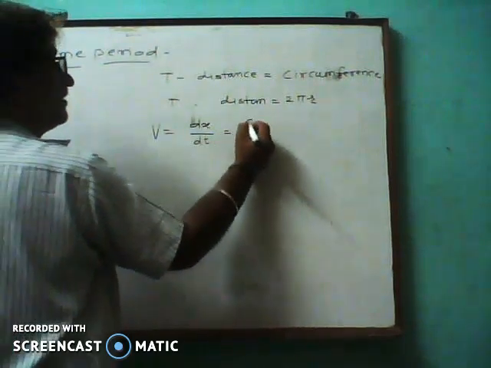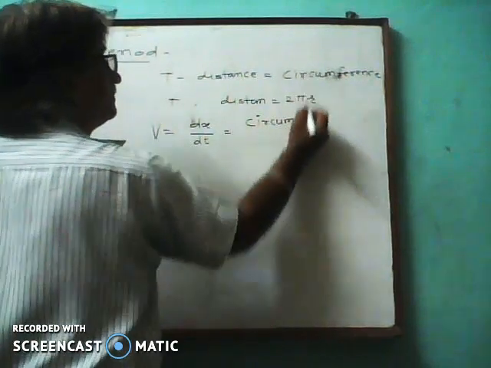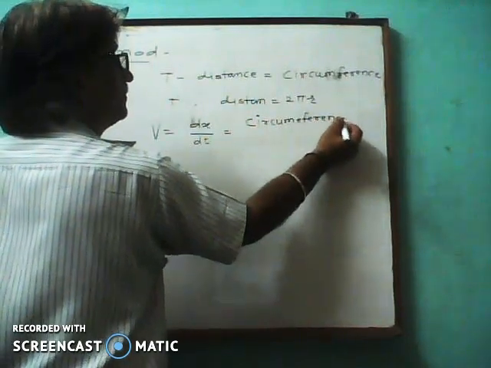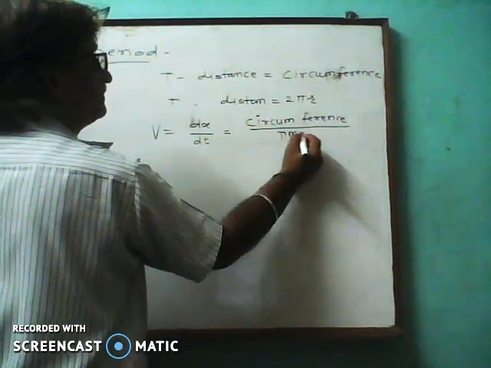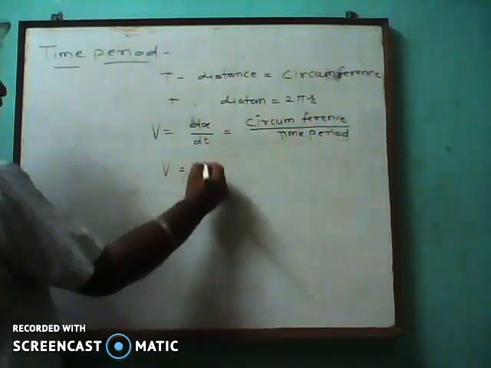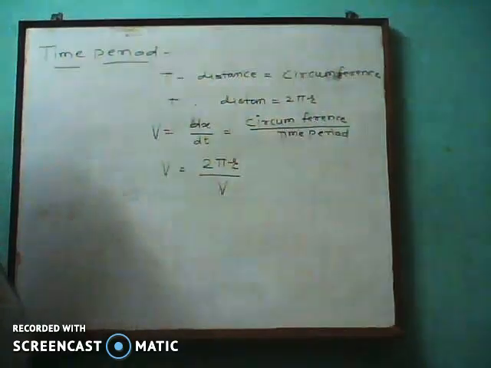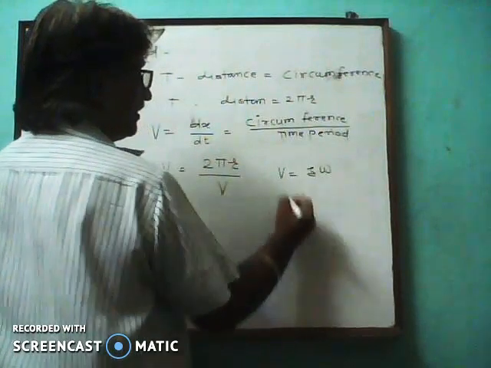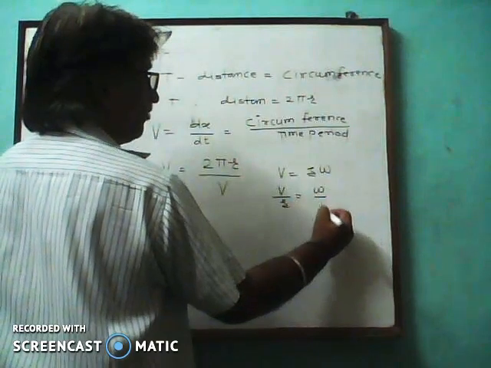In time T, dx is the circumference upon time period. So v is equal to 2 pi r upon T. We know the relation v equals r omega, so v upon r equals omega.